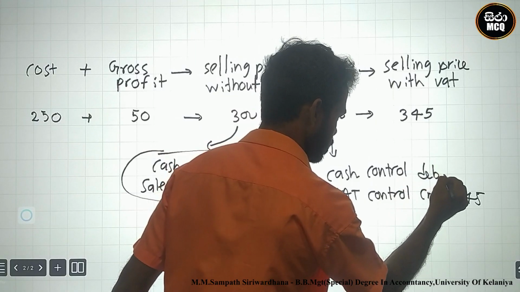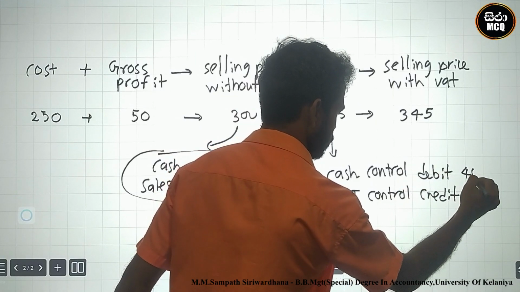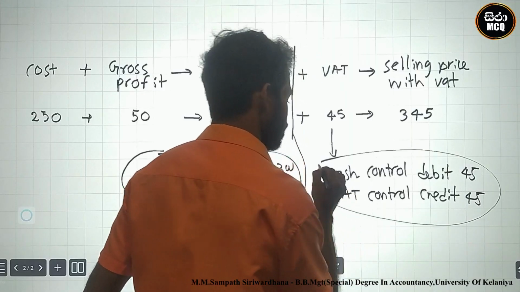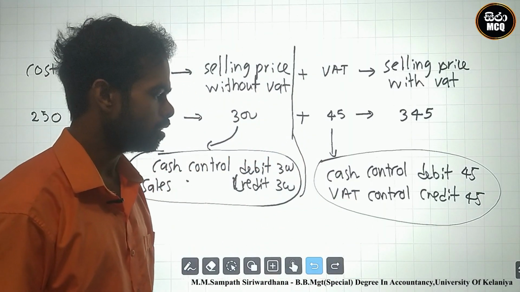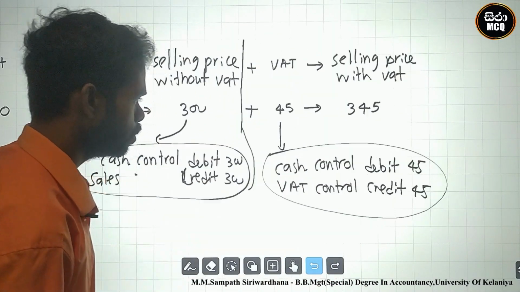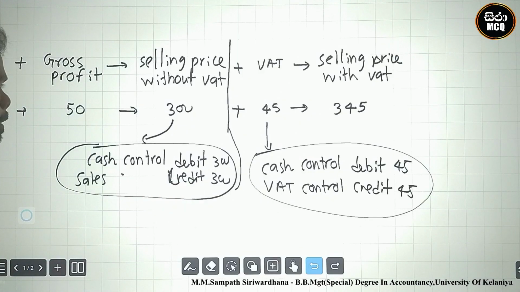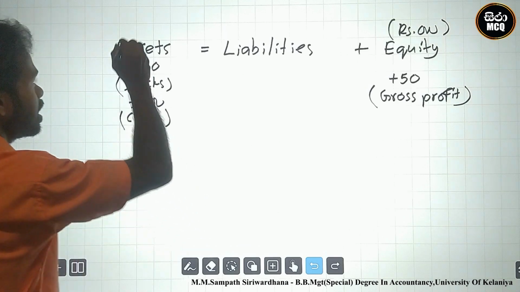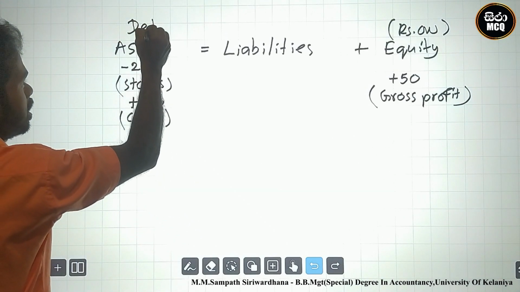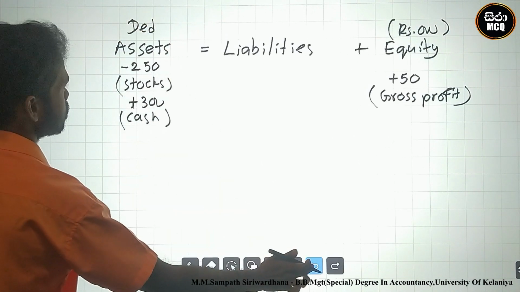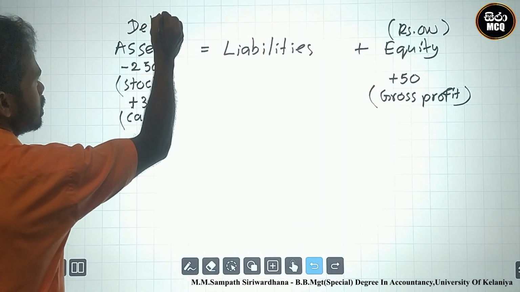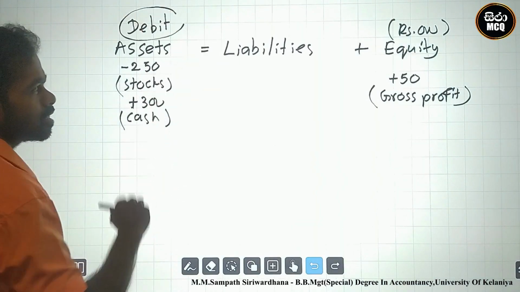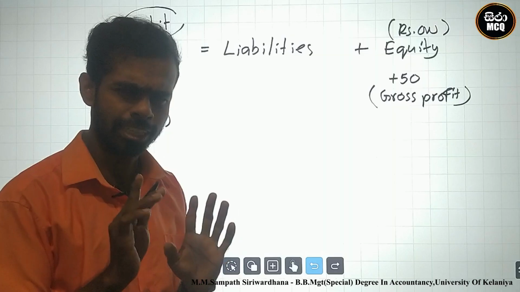Cash control debit 45. We must identify this impact on the equation. Look here, this is the transaction. You know, assets are debit balances. Liabilities are normally credit balances.